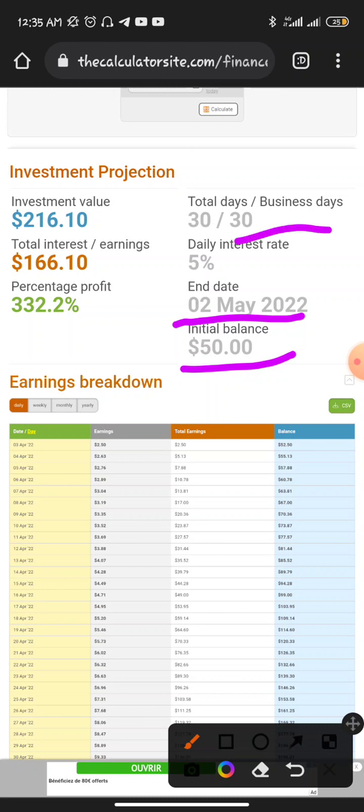That's both Sundays, Mondays, so every day, and it's 5%. So you see, percentage profit is 332, while total interest earned will be 166 US dollars. So investment value will be 216.